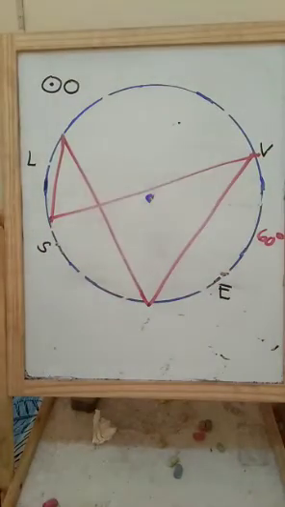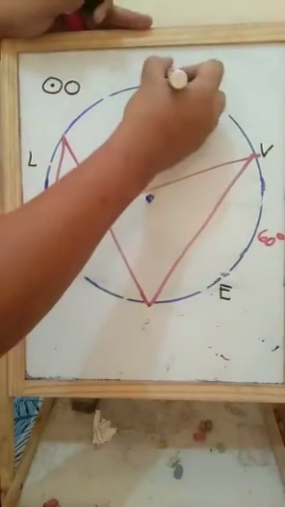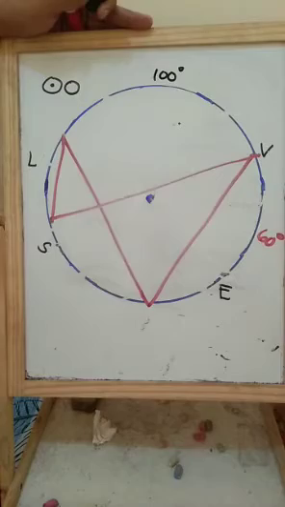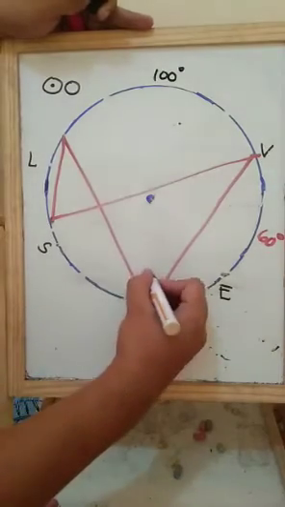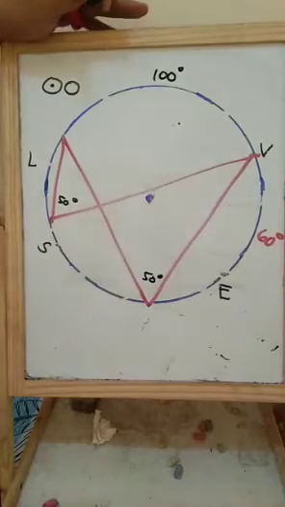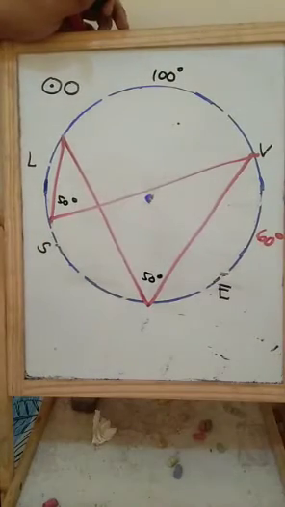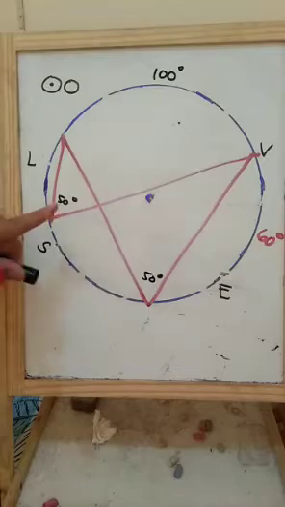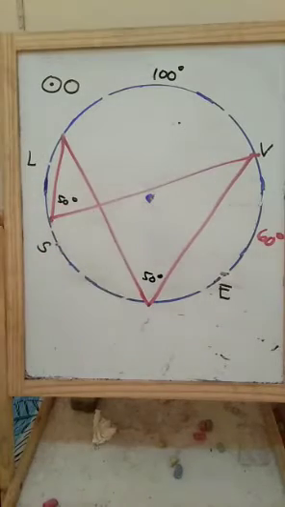So, let's just say this would measure, yung medyo makatotohanan, 100 degrees. So, half of that, this would measure 50. This would also measure 50. And these two would be equal. Okay? So, yan. Dali lang, di ba?